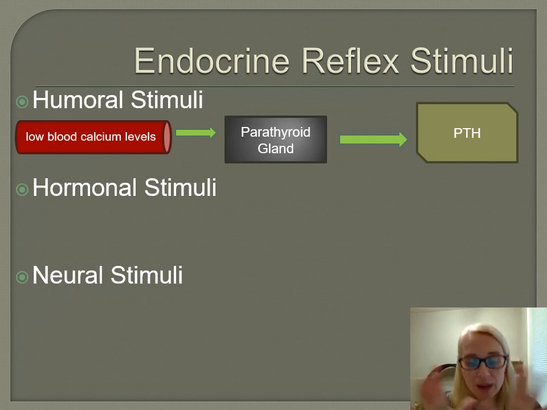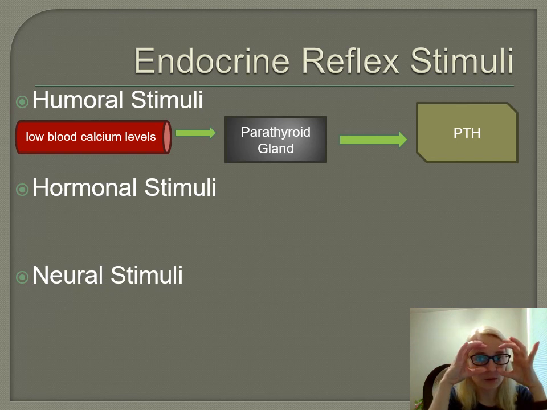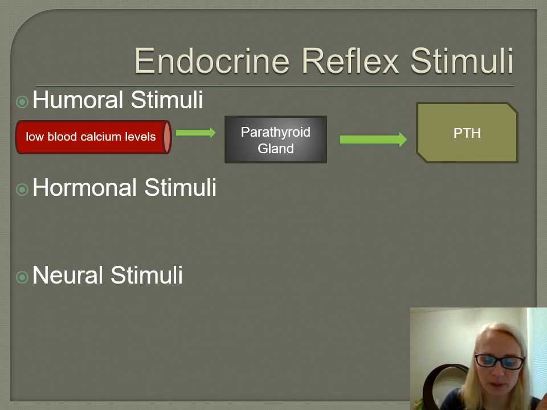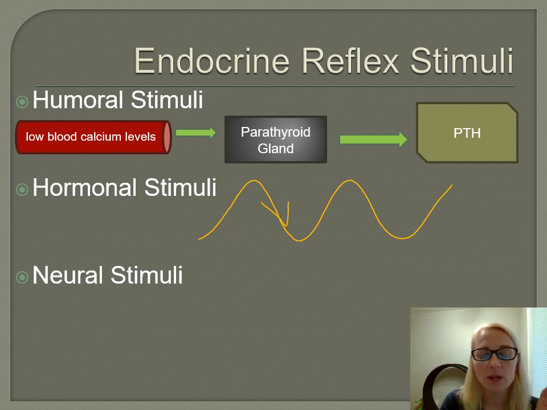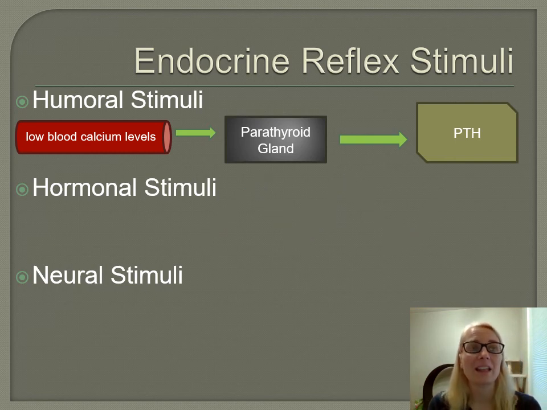Everything's fine, but they're still monitoring. So when the blood levels go low again, they'll respond and release more PTH. Remember, that's that dynamic equilibrium idea, negative feedback. When things go low, you change something to bring that back up. When things get high, you do something to bring the levels back down to stay within that acceptable range.